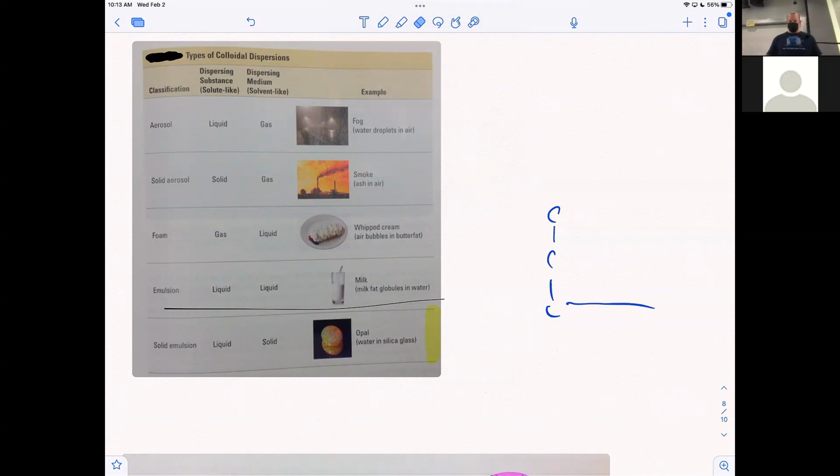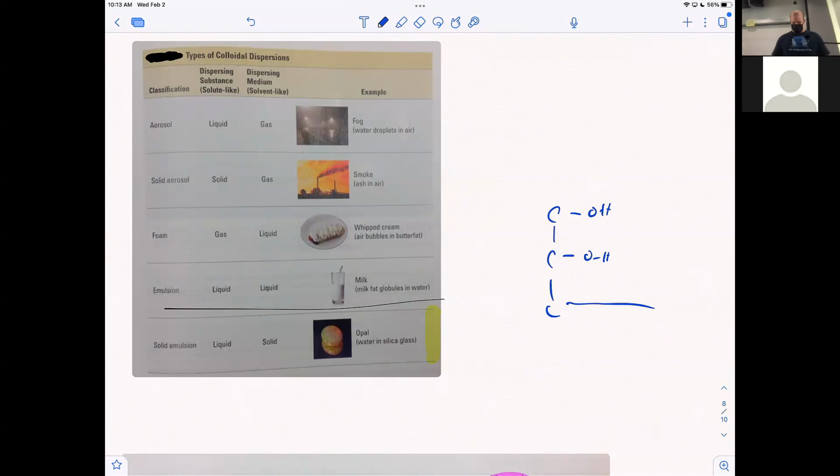This is glycerin, so this becomes OHs, the tail that the water likes, and this is the tail that the fat likes, and you form a micelle. That's how you get fat to dissolve into water, like in milk.